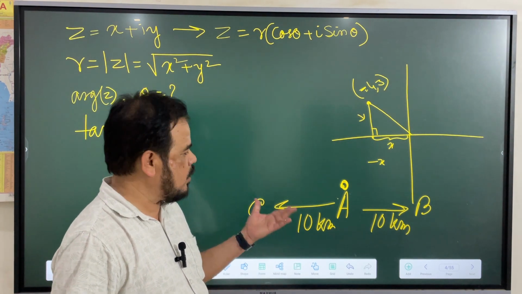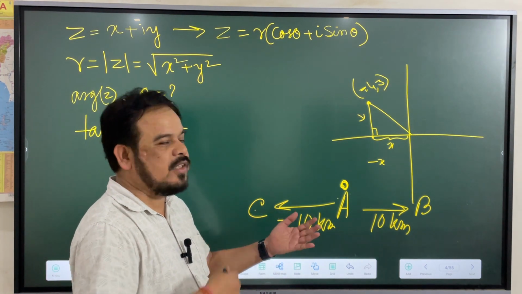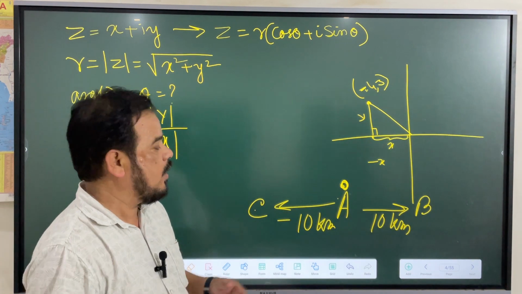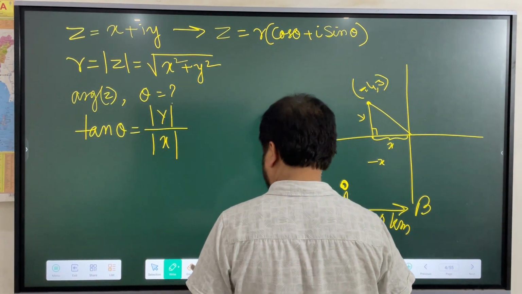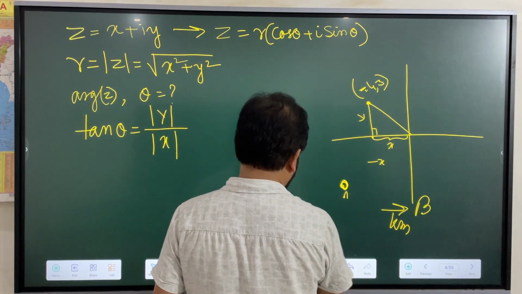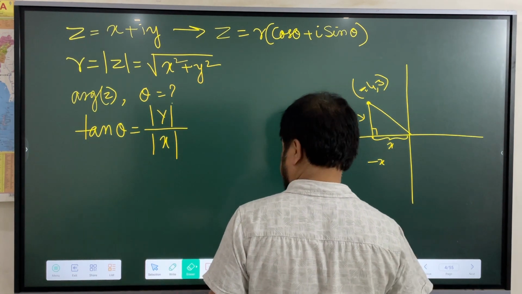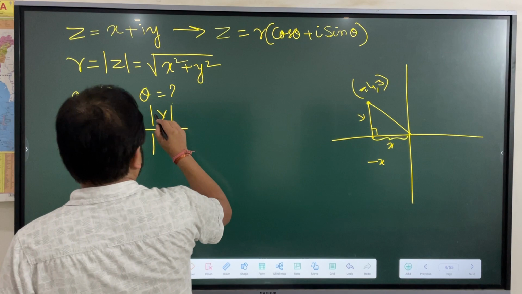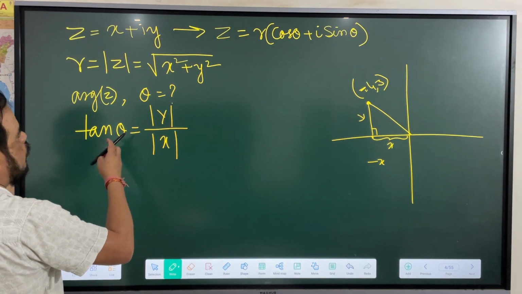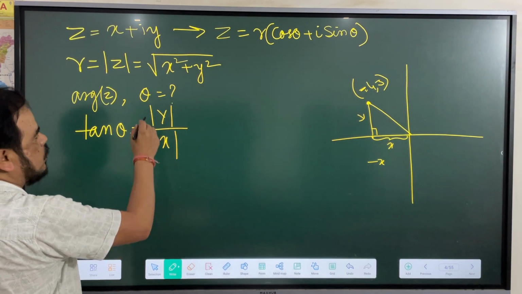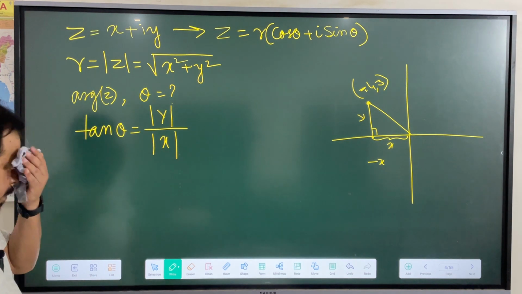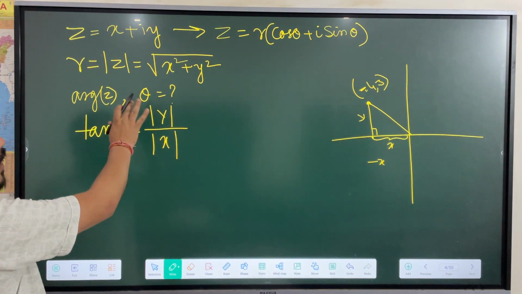Plus 10 km means 10 km. For minus 10 km, distance will not be different. It will be same. So I hope you understand what I want to explain to you. Okay, that is why mod is written. So to find out the value of theta, we have to use tan theta equals mod of y by mod of x. This is what we have just now learned.